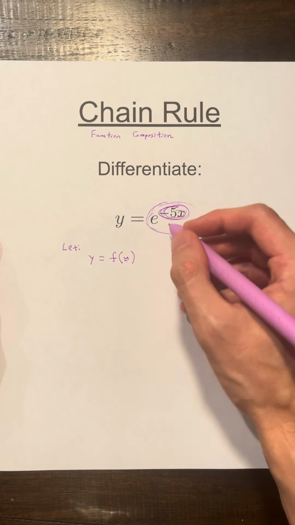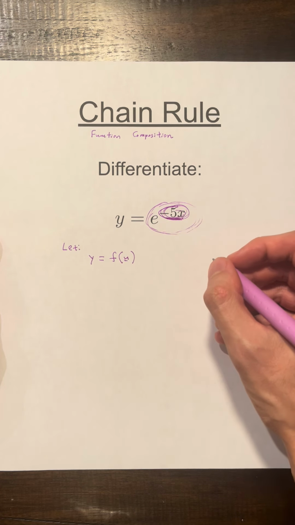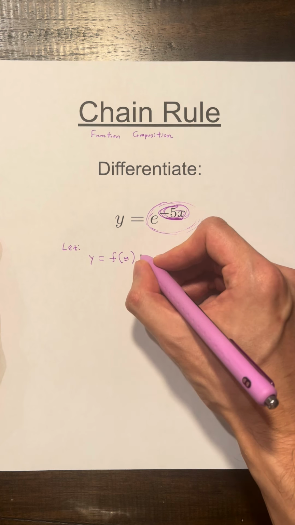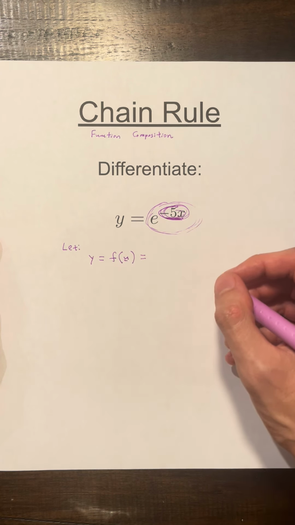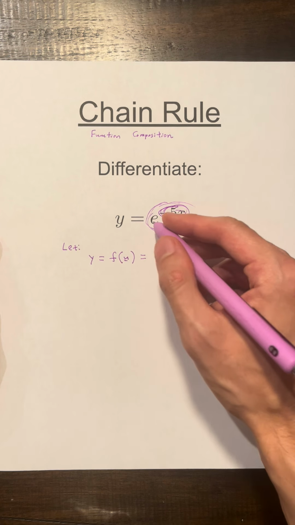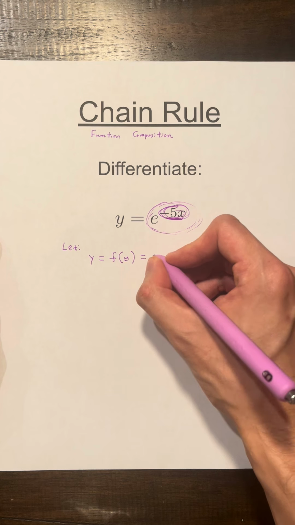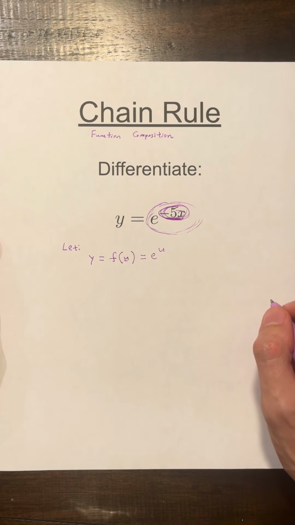So this is going to be u, but more on that in a second. So y equals f of u, which is equal to, well, what was f again? E raised to some power. E to the power of u. Okay.